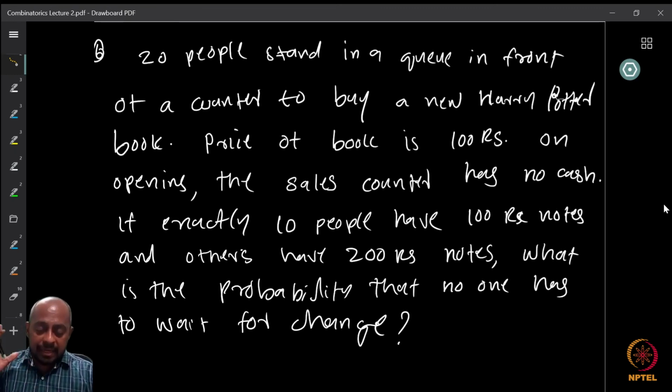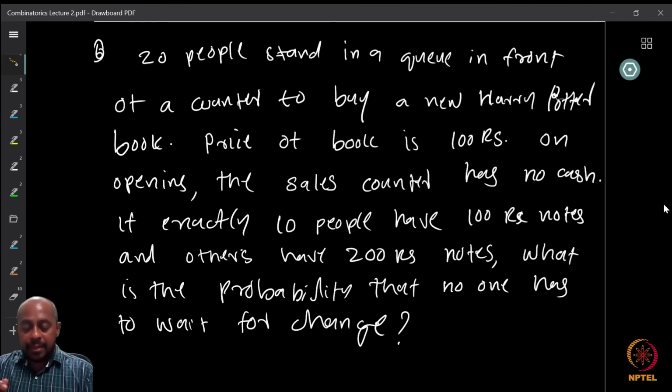Exactly 10 people have a 100 rupee note with them, and the others have exactly 200 rupee notes. We don't know which guys have 100 rupee notes and which have 200, but we know that 10 of them have 100 rupees and 10 of them have 200 rupees.